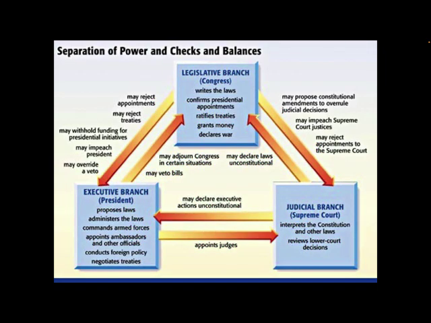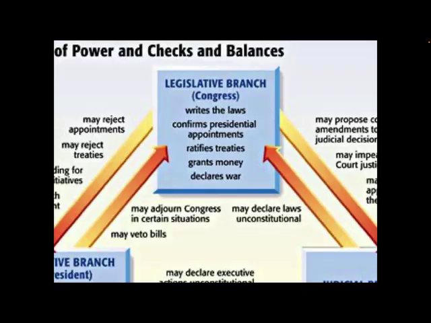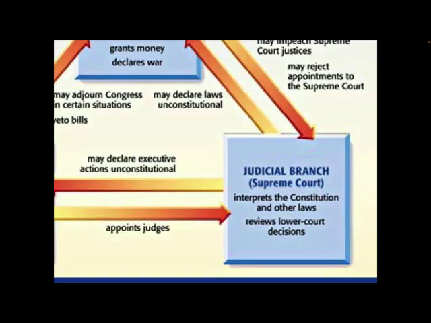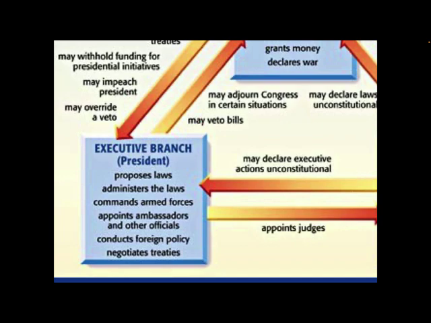You've got the 3 branches, and I've just given them to you. Okay? You've got your legislative branch. All right? They're writing the laws. They're ratifying treaties. They're declaring war. And you've got the judicial branch, the Supreme Court, where they interpret the laws. They interpret the Constitution. And then, of course, you've got the executive branch who's proposing laws. They can say, I've got a good idea for a law.